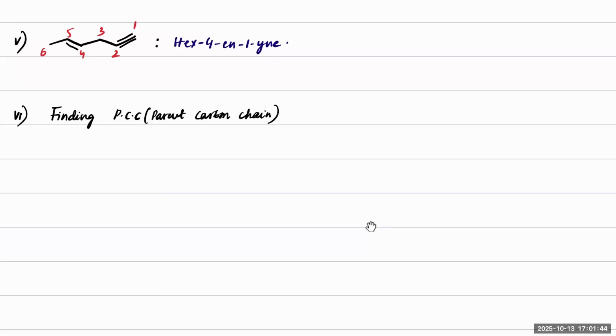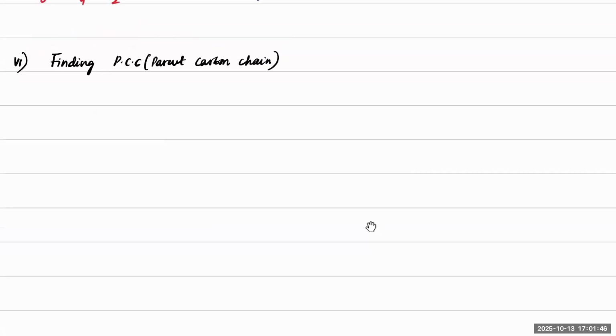Got it? So wherever there is a group given like this, double bond is here, double bond is here, like this, you should always find whatever be the longest chain which covers the maximum number of double bonds and triple bonds.